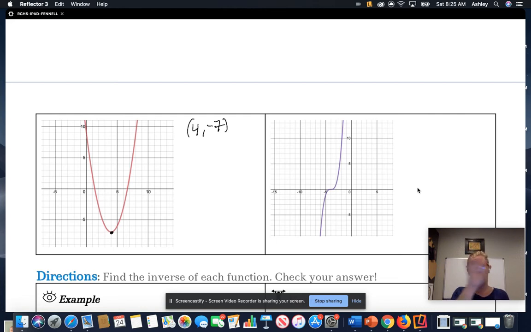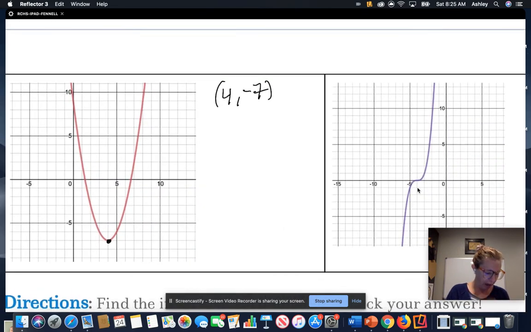And then I want to get a couple points to represent both sides of my quadratic. So I'm just looking for nice whole numbers here. This appears to be not stretched. So I notice that I have the point 5, -6, and the point, what do we say, the vertex is at 4, so this is 3, -6.